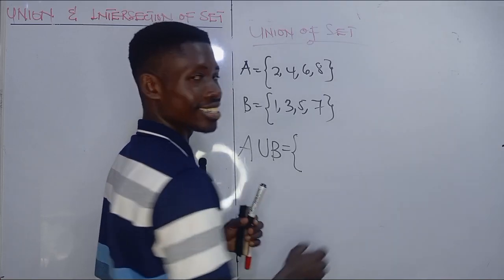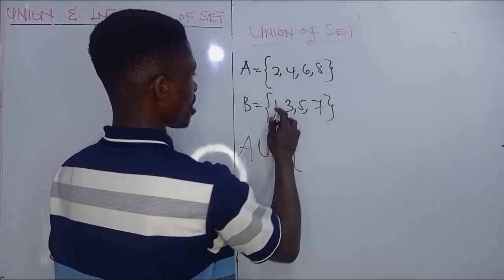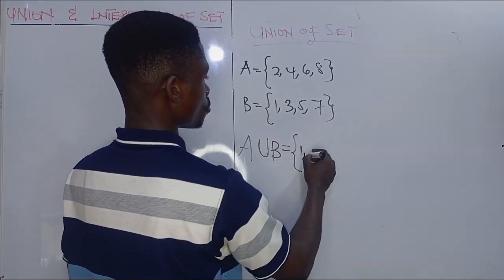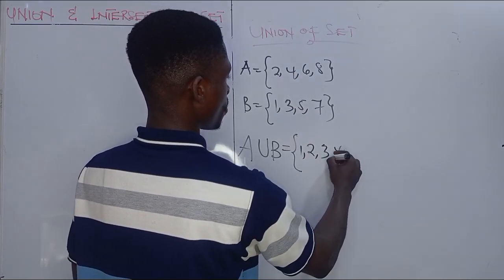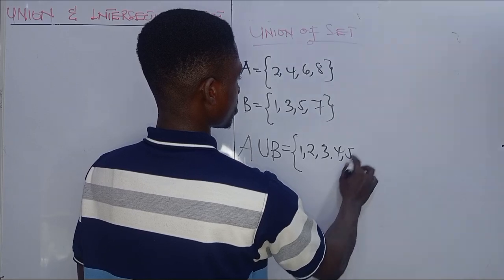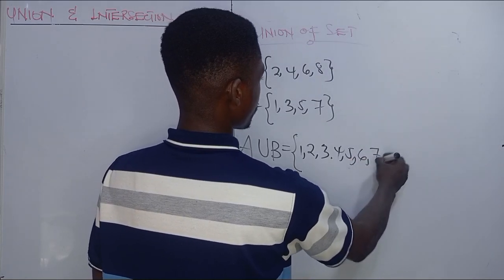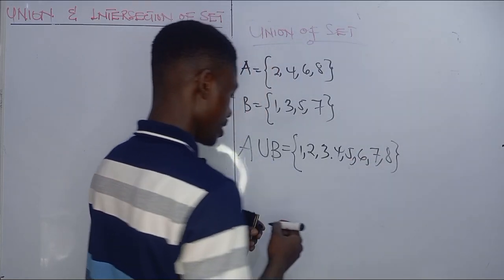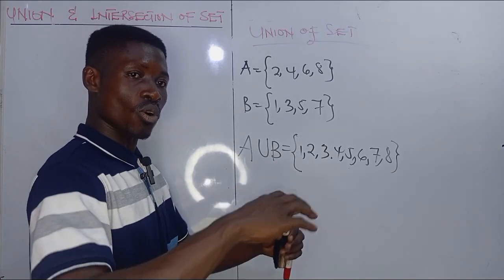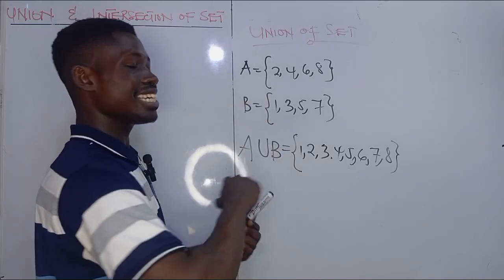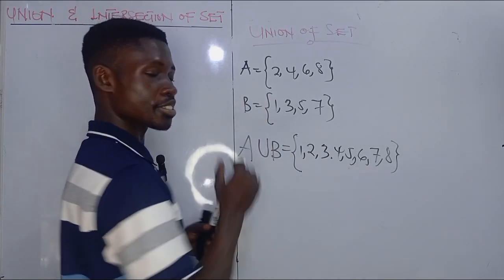So we are going to combine set A and then set B into a single set. So we have 1, 2, 3, 4, 5, 6, 7, and then 8. So when we talk about the union, it's just a combination of all the elements within the two sets into a single set.